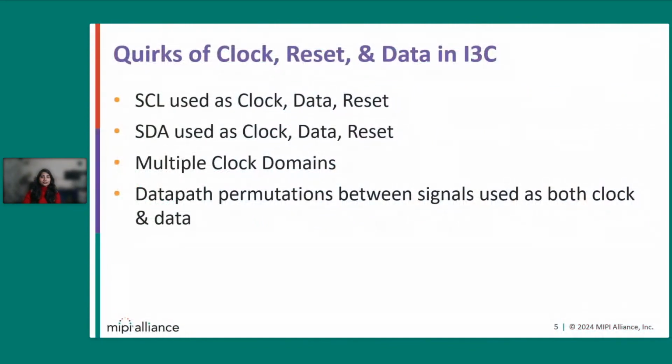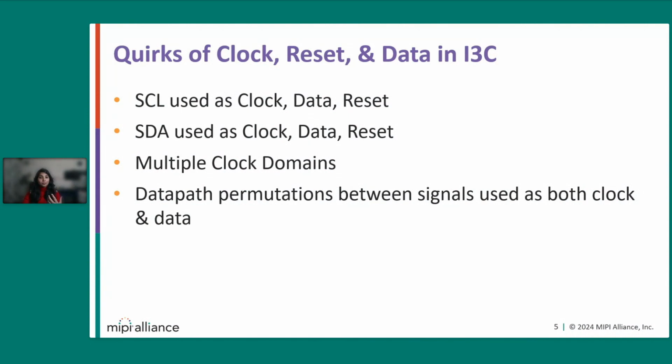In some scenarios, the I3C protocol allows mutually exclusive activity on the SDA and SCL lines without any mutual relationship. To handle such scenarios, one is compelled to use SDA as data, clock, and reset. Similarly, SCL is compelled to be used as a clock, data, and reset. And in the end, there will be some clock domain crossing between these two signals.